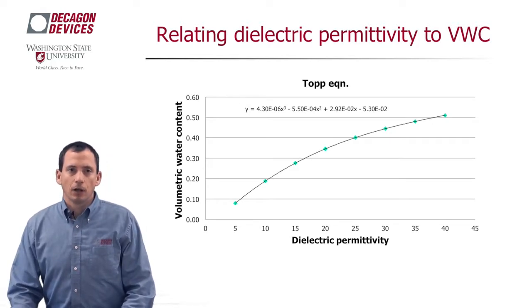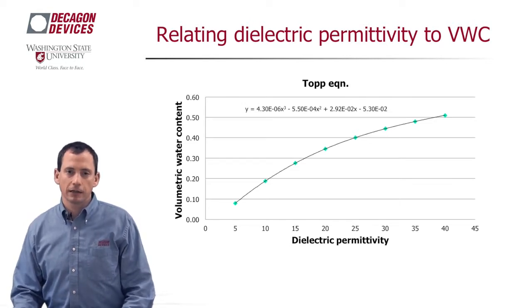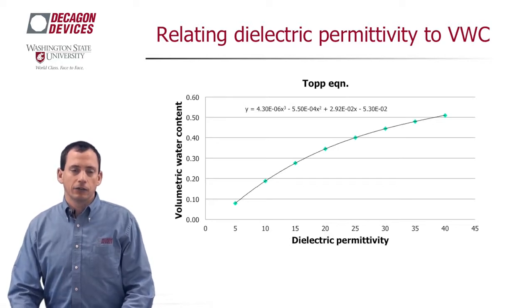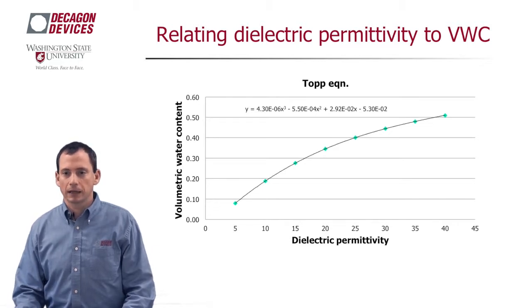This is an example of what that relationship looks like. On the x-axis, you see dielectric permittivity. On the y-axis, you see the volumetric water content. And so this is the famous Topp equation that was first presented back in 1980 by Clark Topp.